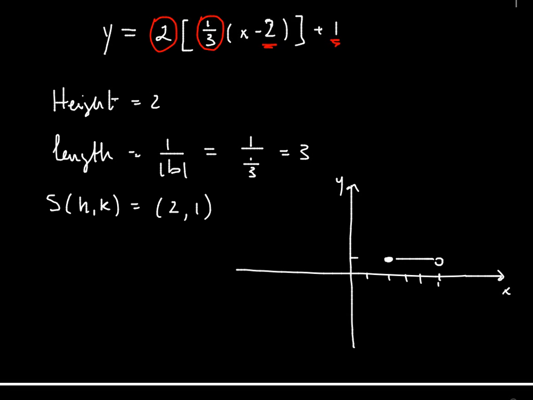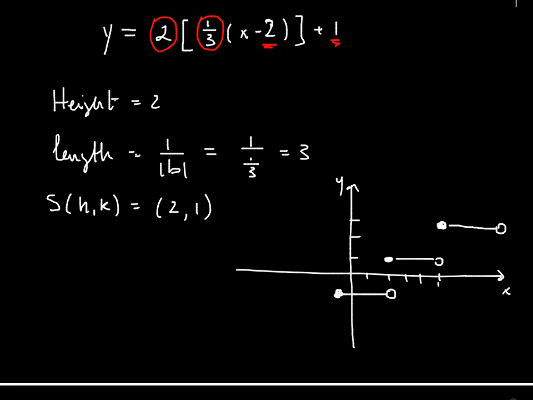So here's my step. I now jump 2 to my next circle, go out another 3, open circle, etc. Jump 2 down, open circle, go 3 this way, closed circle, and there we go. So there's our basic sketch for the graph.